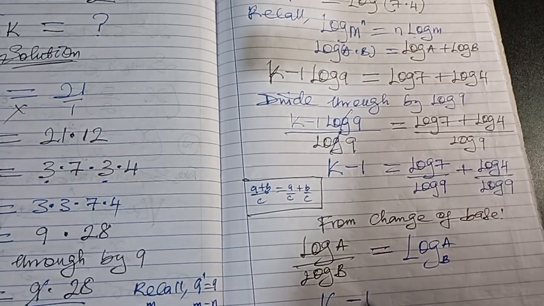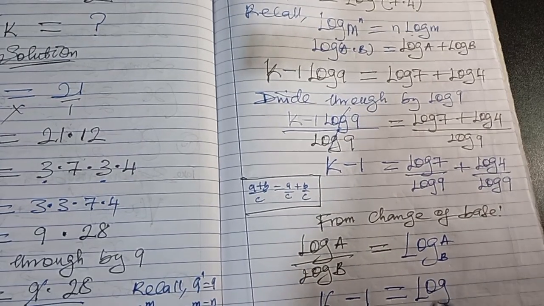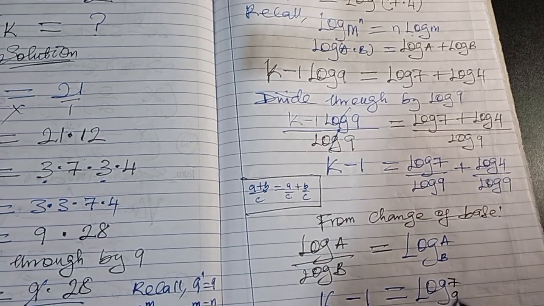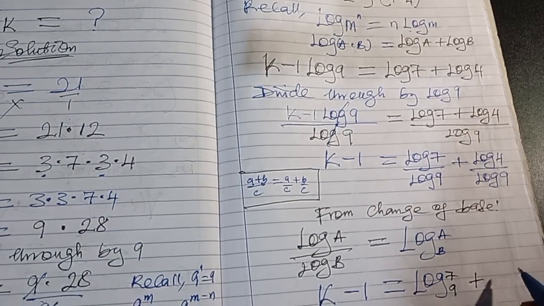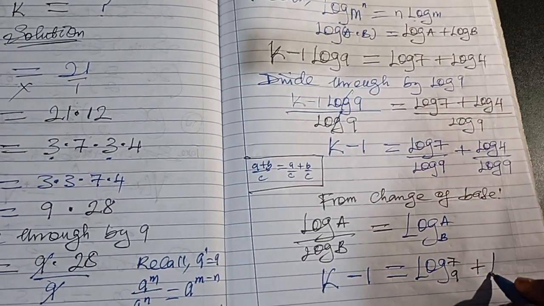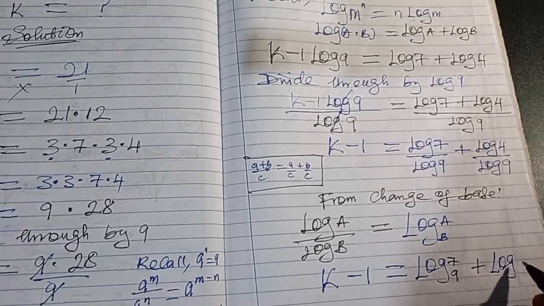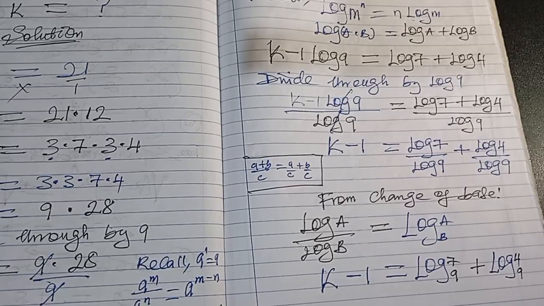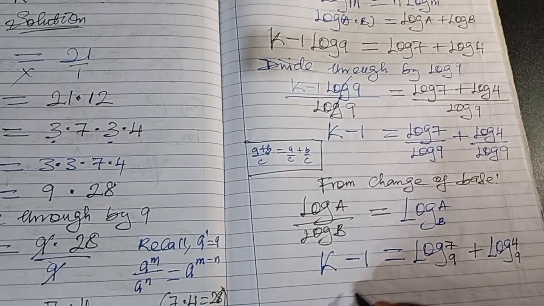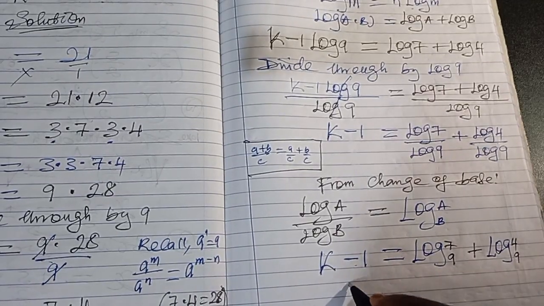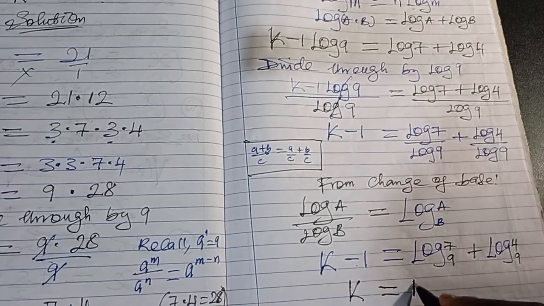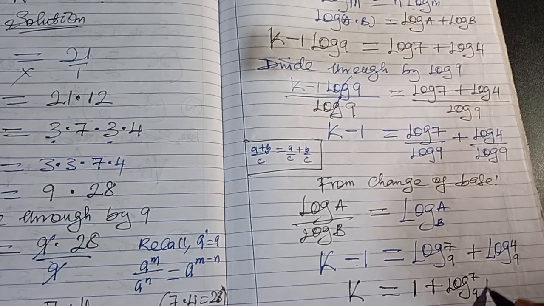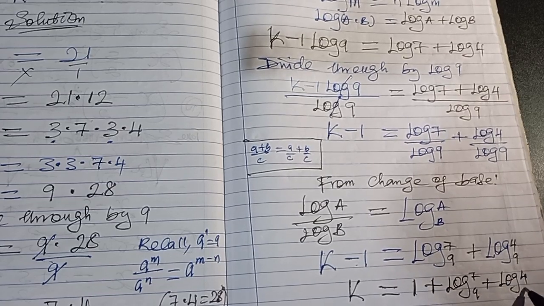So we have k minus 1 is equal to, instead of writing log 7 divided by log 9, I can just write log 7 base 9 plus log 4 base 9. Good. Alright, so to make k the subject of the formula, I will add 1 to both sides. So k is equal to 1 plus log 7 base 9 plus log 4 base 9.